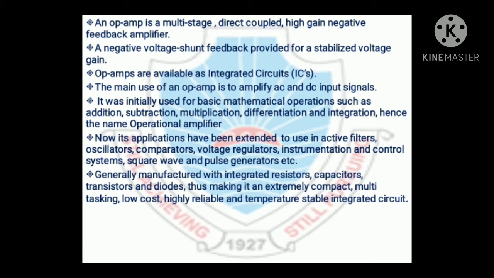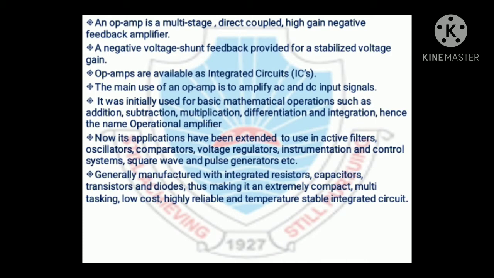Generally, these are manufactured with integrated resistors, capacitors, transistors, and diodes, thus making it an extremely compact, multitasking, low cost, highly reliable, and temperature stable integrated circuit.